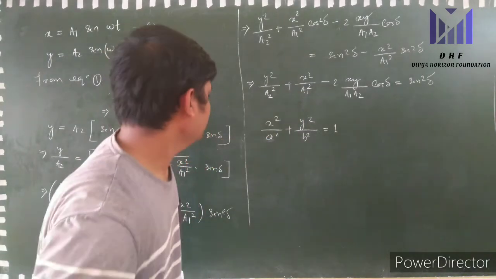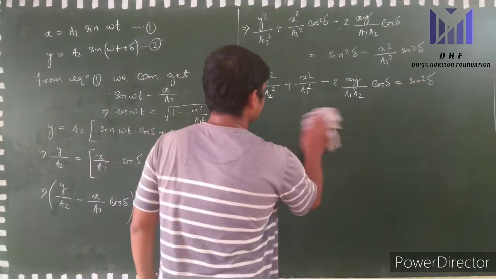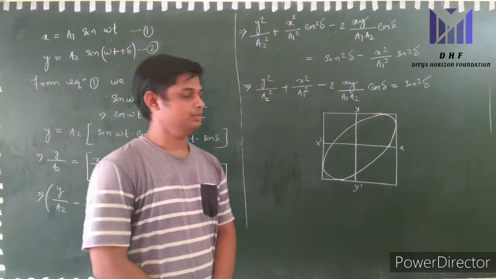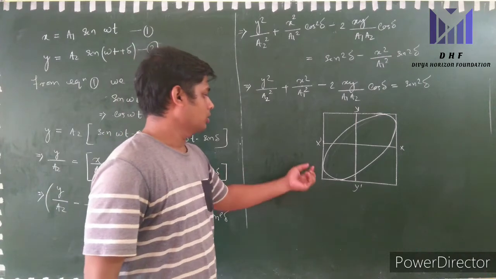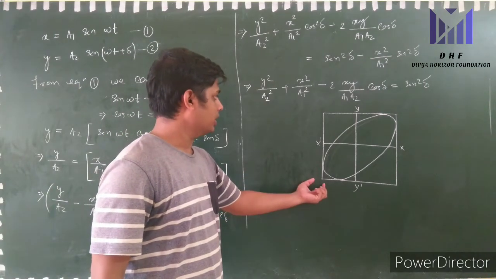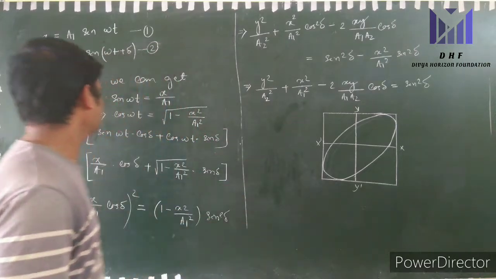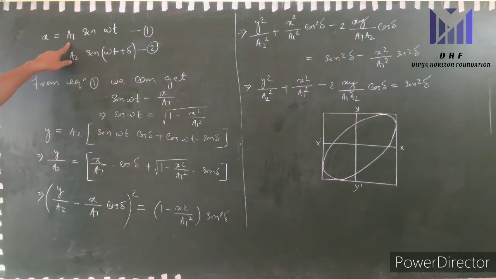Then we will draw the figure of this equation. So this will be the graph of this equation. Here we can see that the maximum value of x will be a1, because the maximum value of sin omega t is 1, and the maximum value of y will be a2.